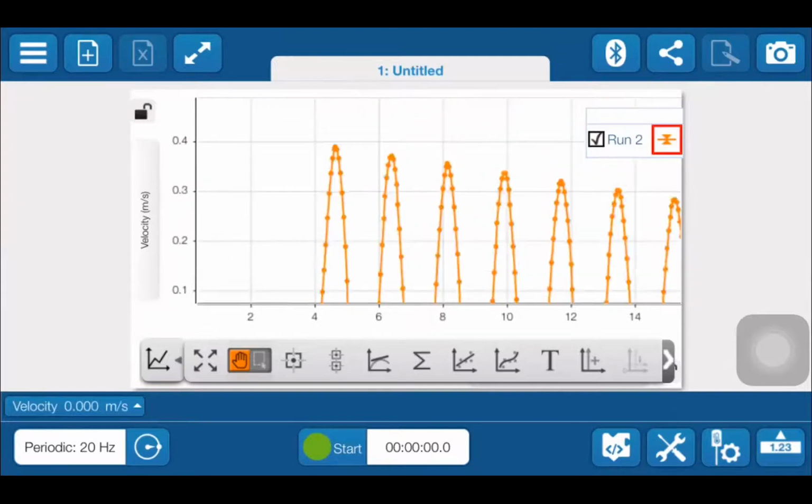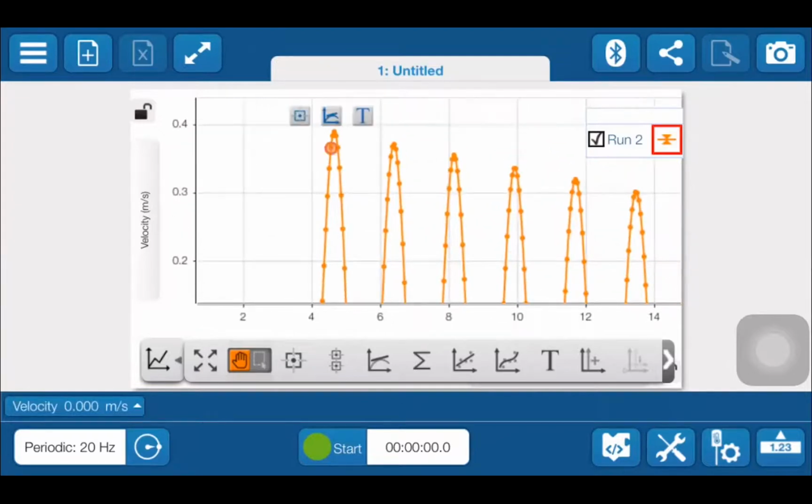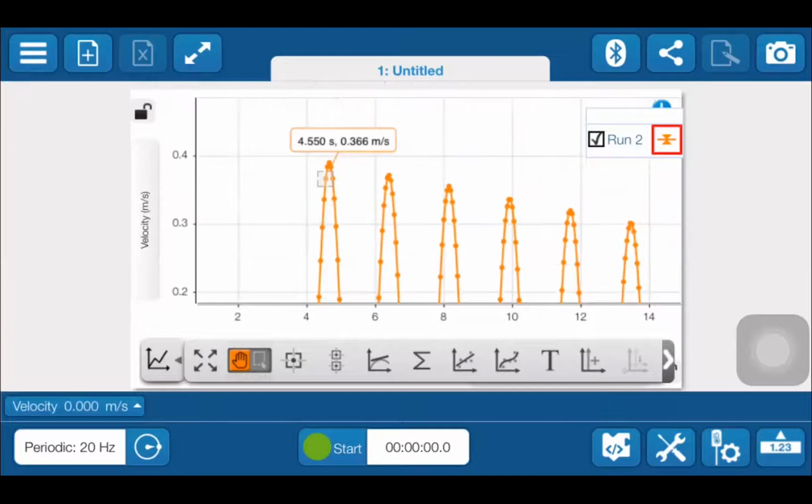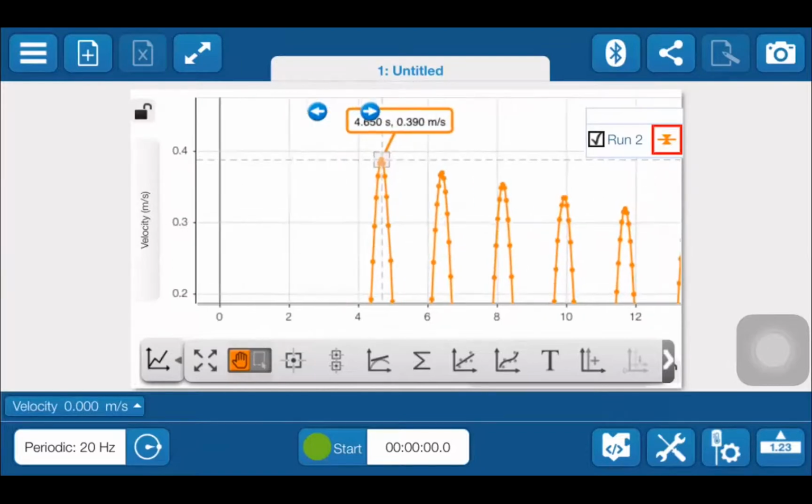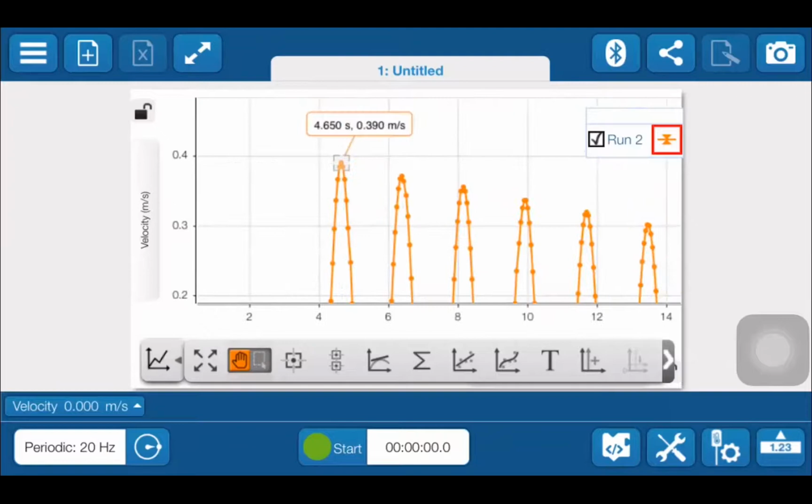The highest point, 4.65 seconds, right? Keep that in mind. See, at 4.65 seconds, this is the highest velocity, right? Show you a point next to it, smaller.